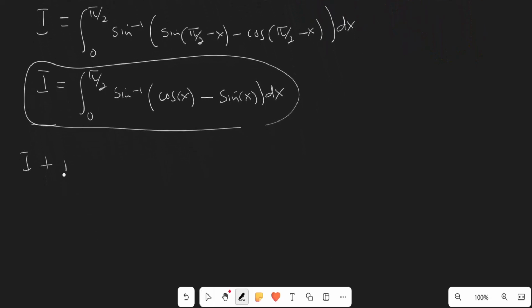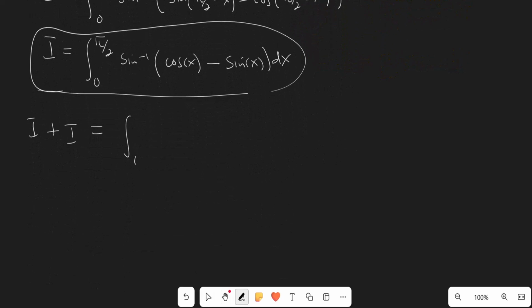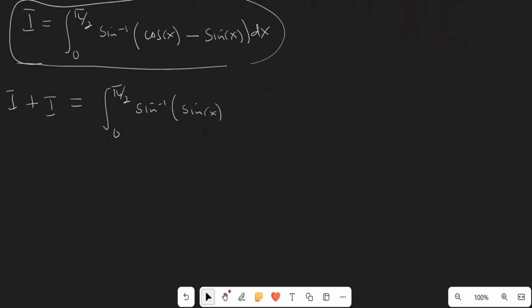So we have I plus I. The I is our original integral, which is the integral from 0 to pi over 2 of sine inverse of sine of x minus cosine of x, plus the integral from 0 to pi over 2, that is the King's property, which is sine inverse of cosine of x minus sine of x dx.